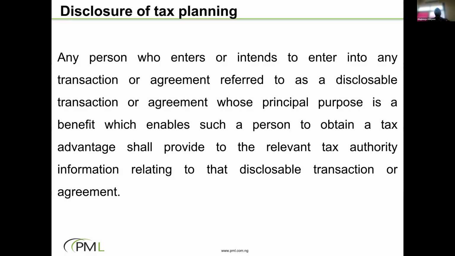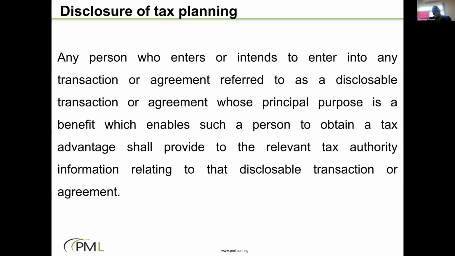What that means is that if parties enter into a transaction that will lead to tax savings for one or the other, this law requires that the party that is going to gain that benefit discloses such a transaction to the relevant tax authority.